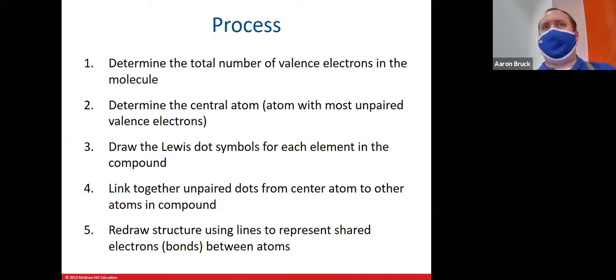You just end up linking centers to each other and then filling them out after that. Again, I'm not going to ask you to do anything that complicated, but if you understand it at the simple level, it doesn't get too much more difficult than that, other than we're just adding more on top of it.